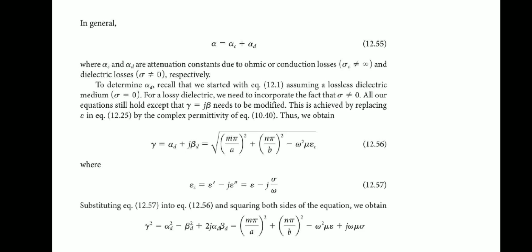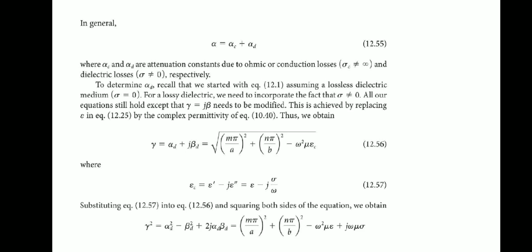Usually we use the equation gamma equal to j beta, when alpha is 0, but actually for a lossy dielectric, for these two reasons, alpha is not equal to 0. So we need to include the alpha term in gamma. So gamma we can write as alpha plus j beta. Considering the dielectric, we can write gamma as alpha d plus j beta d.